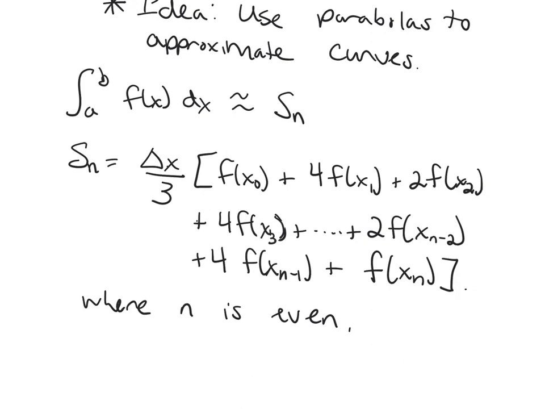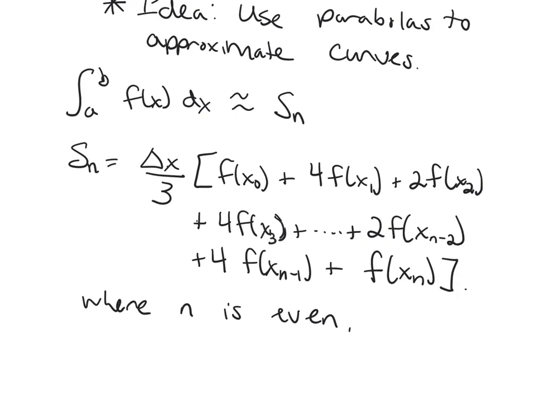Any questions so far? Which one would this apply to? Just in general? You can use this on any function, just like you can use a Riemann sum, but with Riemann sums, you can choose the number of rectangles to be anything, 3 or 5 or whatever. Here, you have to have an even number. Would you recommend using this one? It depends on your function.